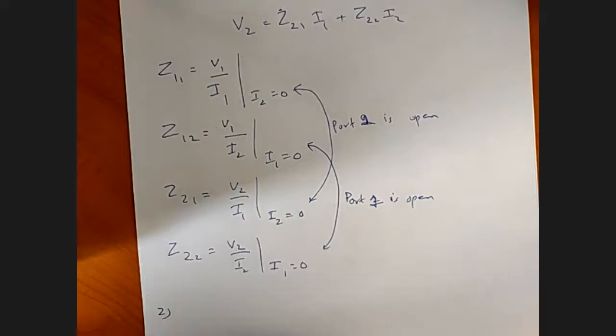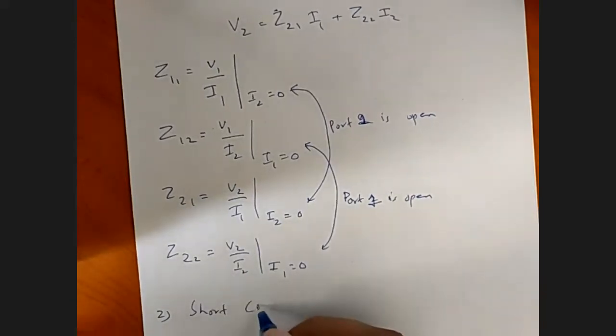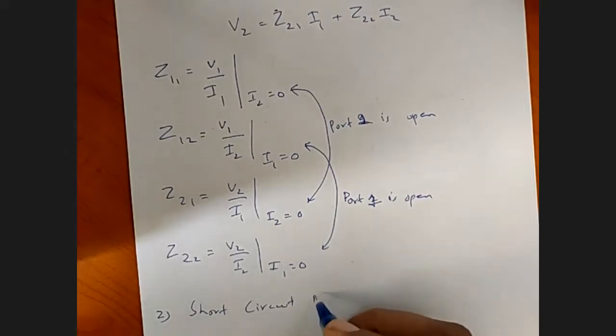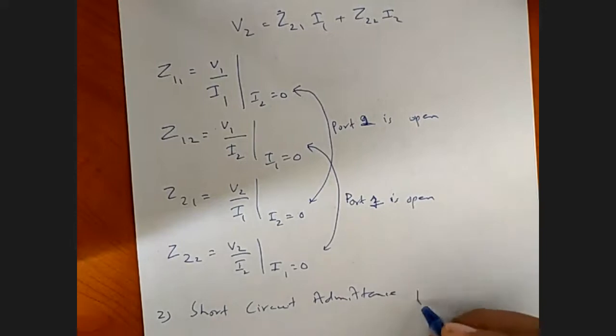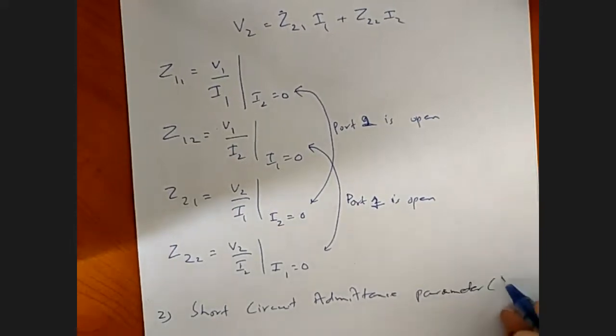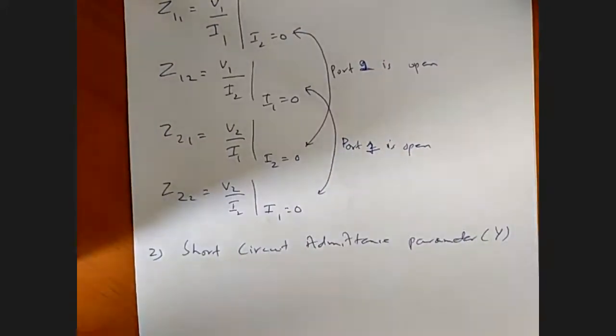Now second, we have short circuit admittance parameter. And they are represented by Y. These are the equation of current in terms of voltage.